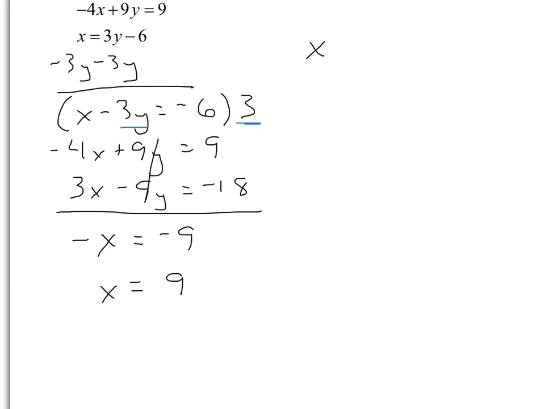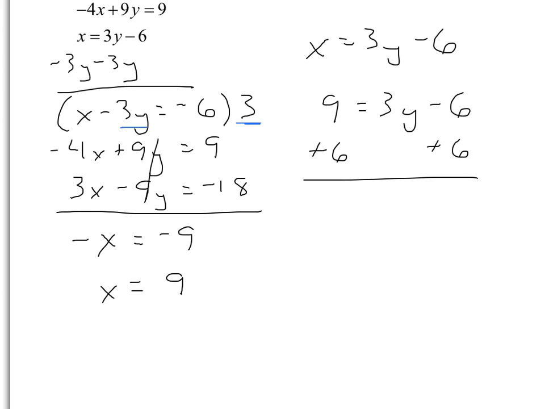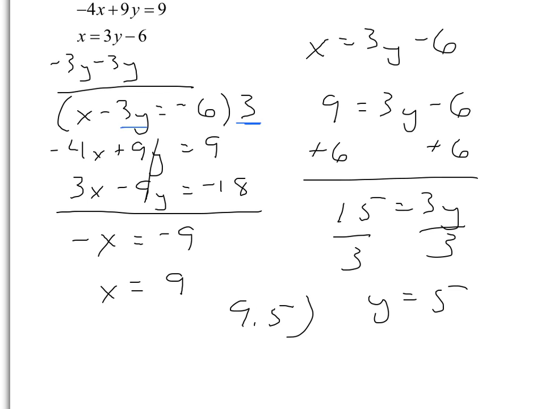So x equals 3y minus 6. In place of x, I'm going to put 9 equals 3y minus 6. I'm going to add 6 to each side. 15 equals 3y. Divide by 3, divide by 3. y equals 5. So the answer to this system is 9, 5.